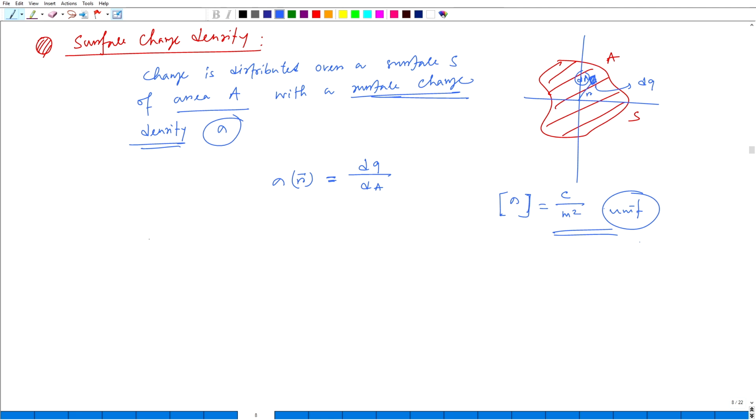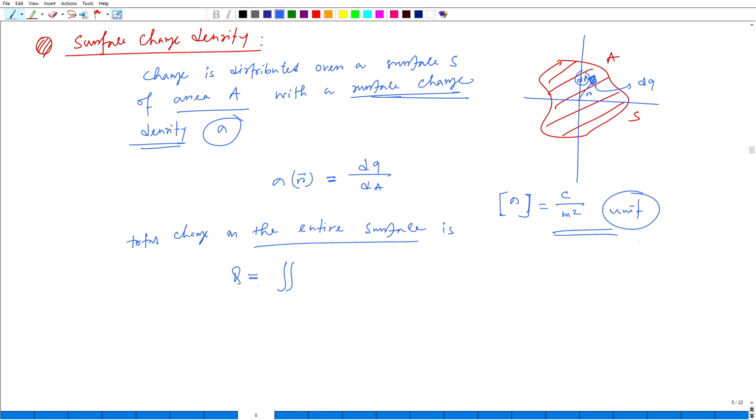The total charge on the entire surface is Q. Now we do the surface integral instead of a line integral.